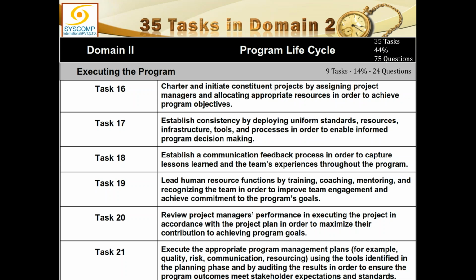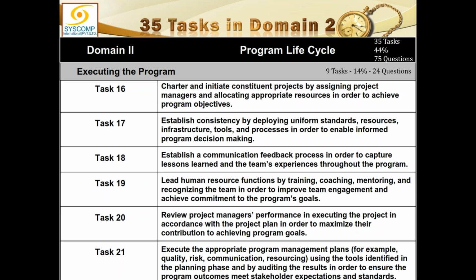Task 21 is to execute the appropriate program management plans, for example quality, risk, communication, and resourcing. These are the four areas which I mentioned earlier. These are like the knowledge areas we used to study in project management, but in program management we do not have so many knowledge areas.